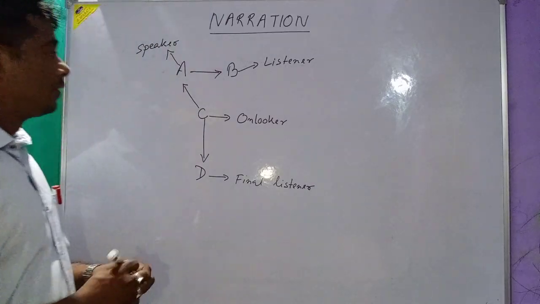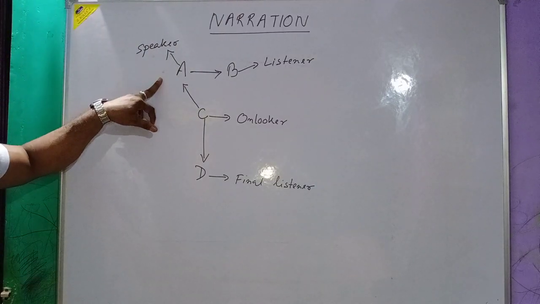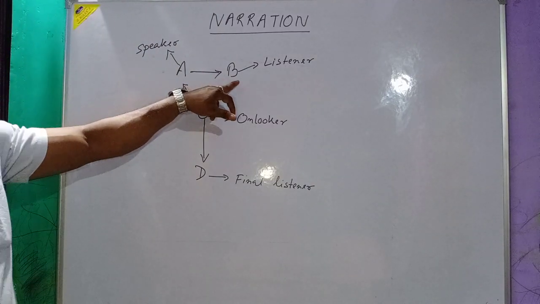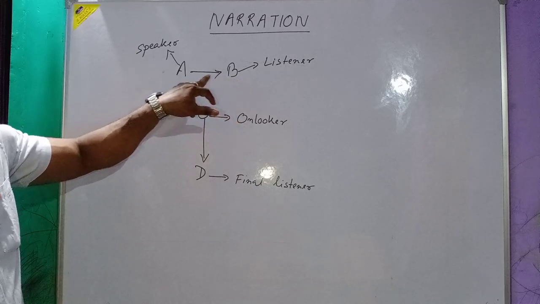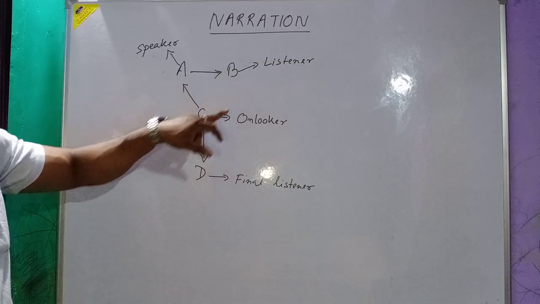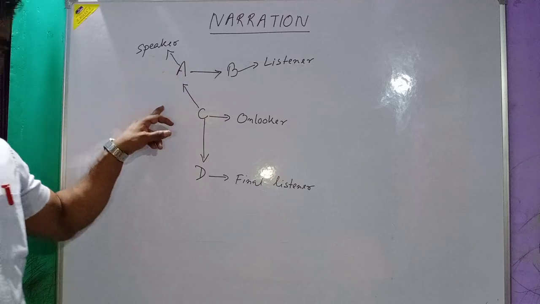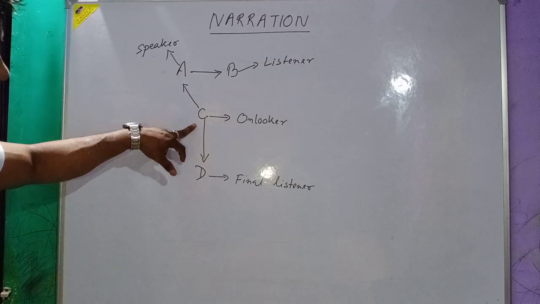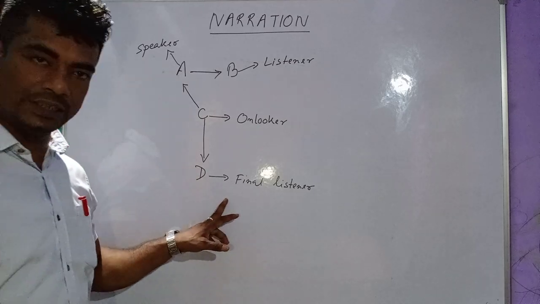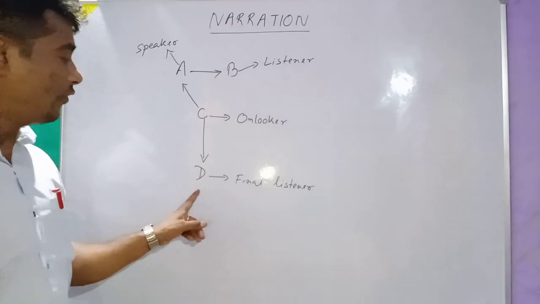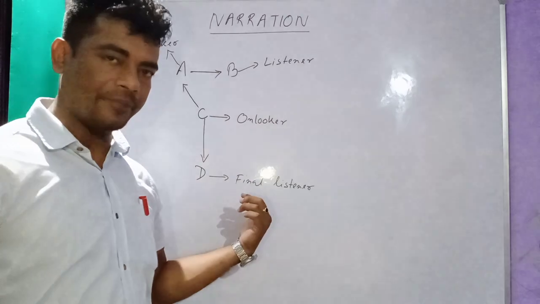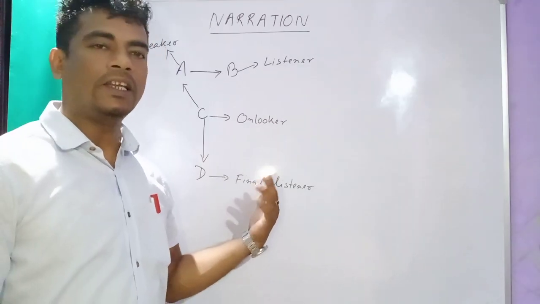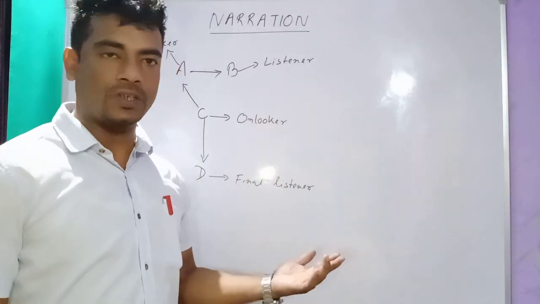So A speaks something, B listens, then A speaks to B, and what is spoken by A is overheard by C, and C reports that to D. And what will be heard by D will be in indirect speech.